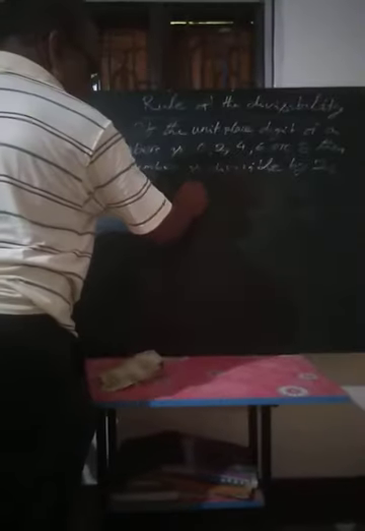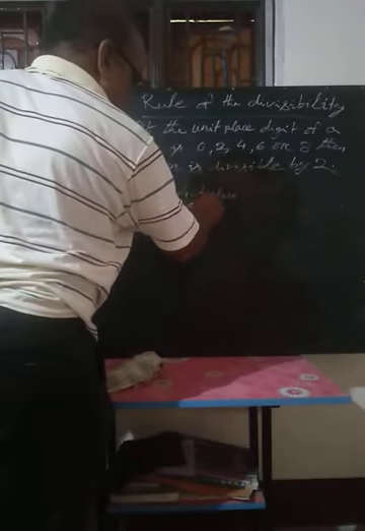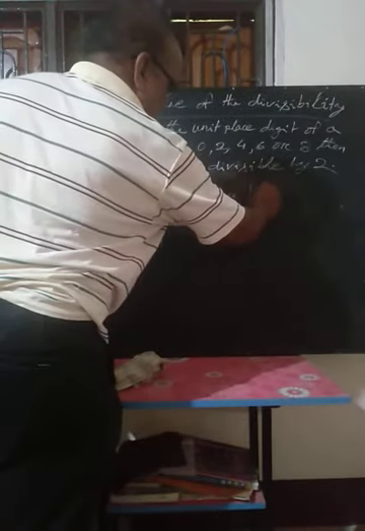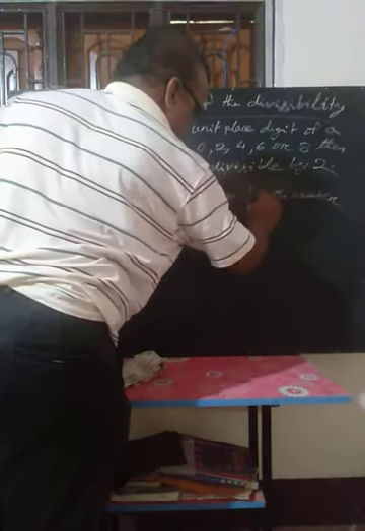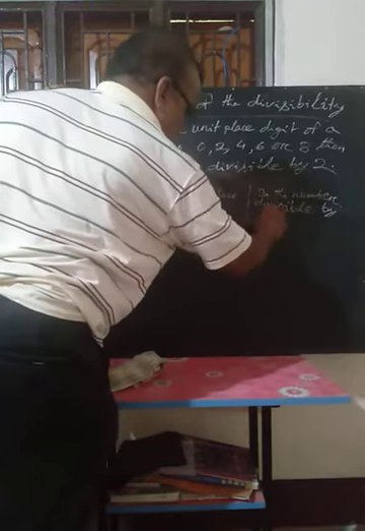Table means one column for the given number, another column to recognize the unit place digit, then a third column for whether the number is divisible by 2.